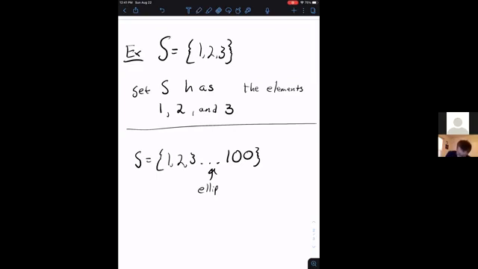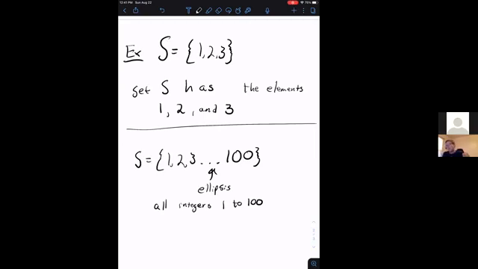That's ellipses. Okay, that means it's 1, 2, 3, 4, 5, and so on, all the way to 100. So that's all integers from 1 to 100.